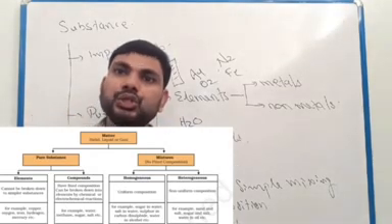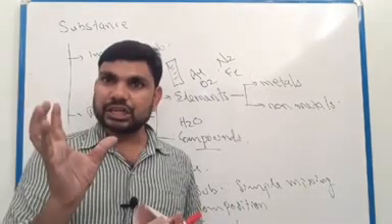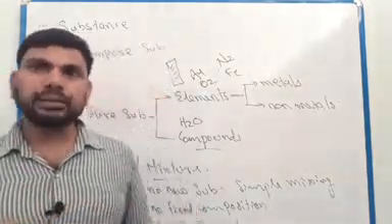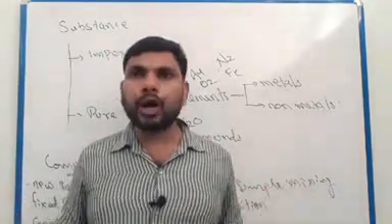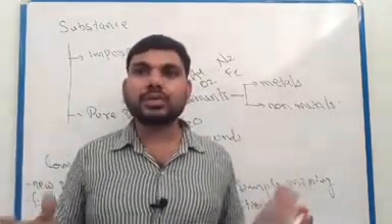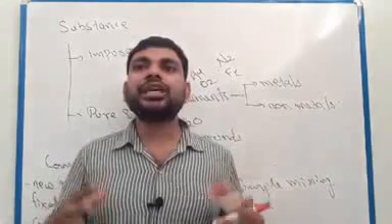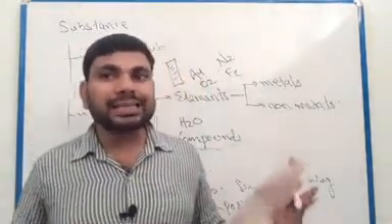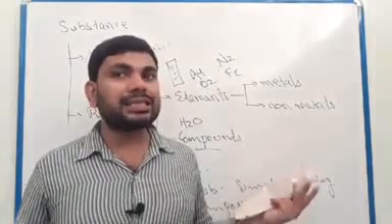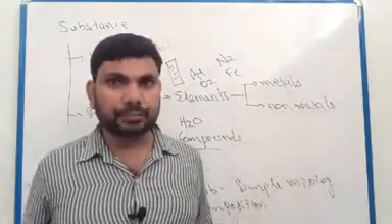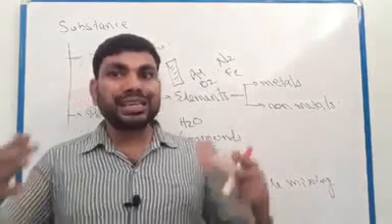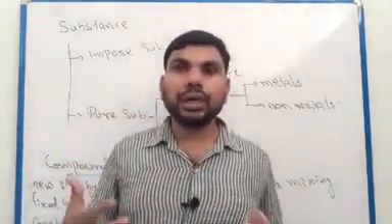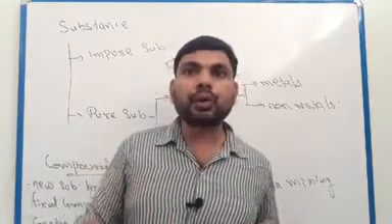If you take a cylinder and just mix hydrogen and oxygen, there is no chemical bond between them. You cannot say it is a compound, it is a mixture. When hydrogen and oxygen are chemically joined together, then we say it is a compound.